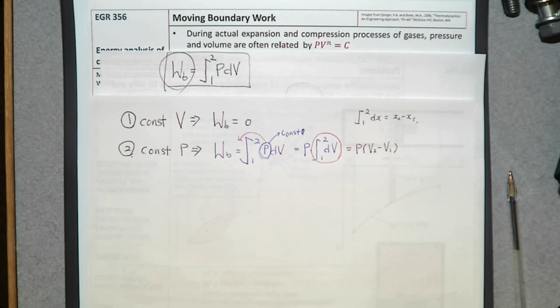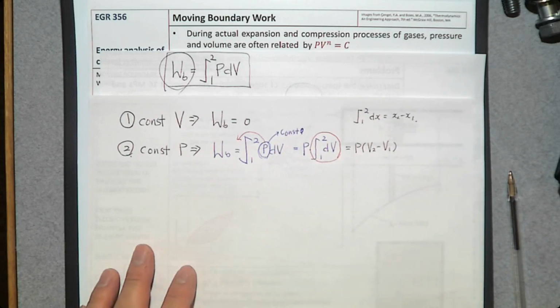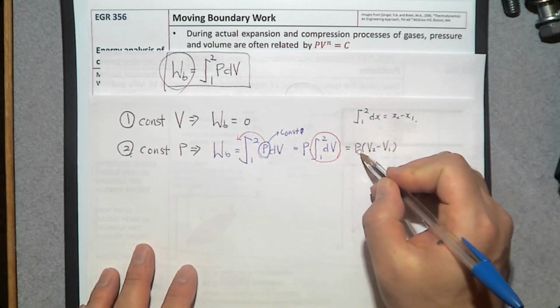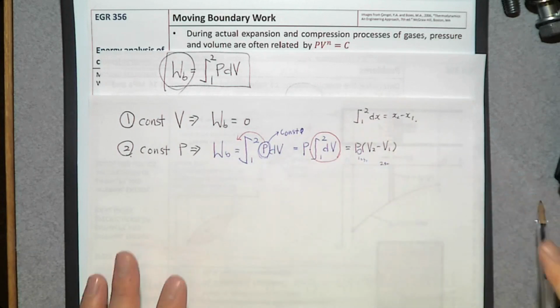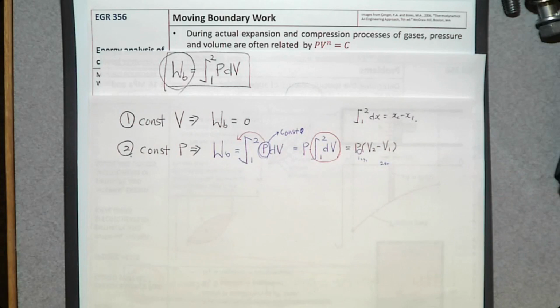Yeah, they're the same. So if you see there's no subscript, it means you can put either P1 or P2 because they are the same. You can put anything, 1, 2, 3, 4, 5, 6, 2000, as long as it is a constant pressure process.